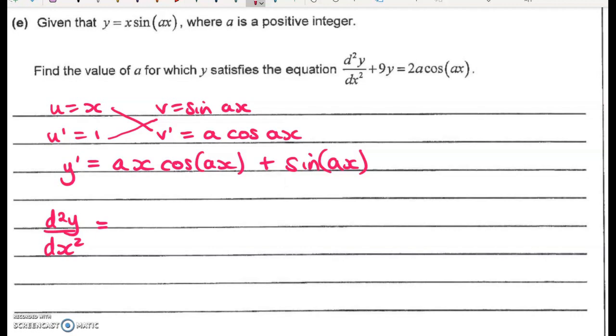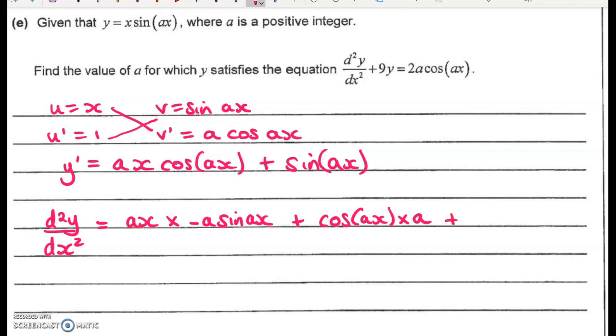So this bit, ax, is our first part, so if we do ax times the derivative of cos ax, that is minus a sine ax, plus cos ax times the derivative of ax, which would just be a.